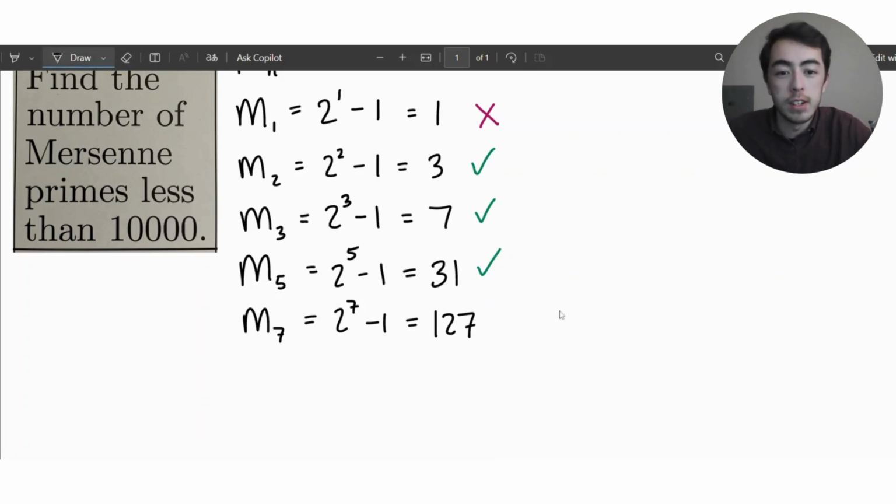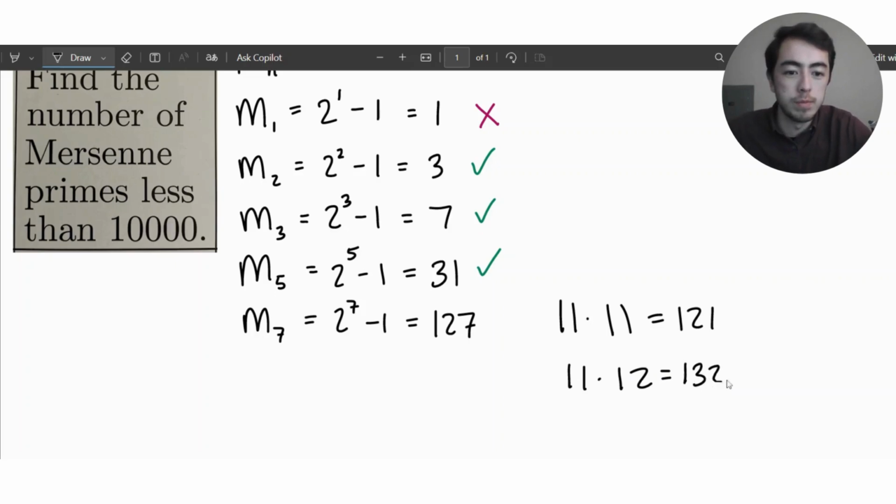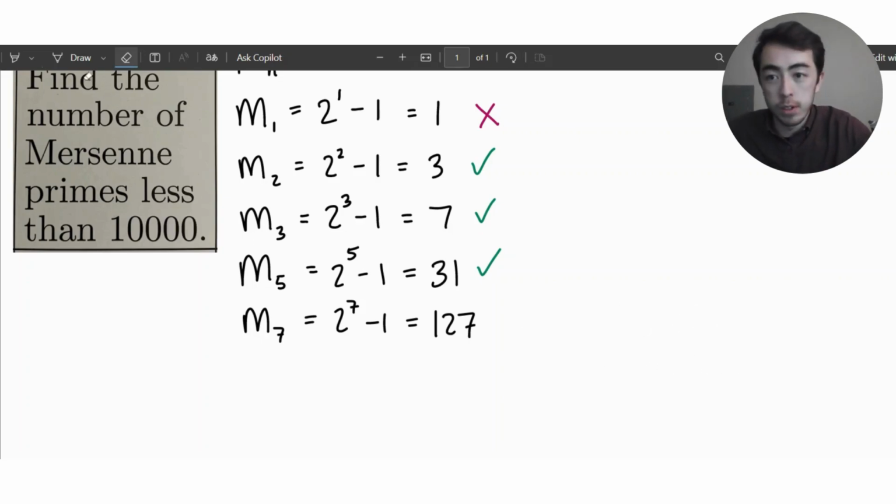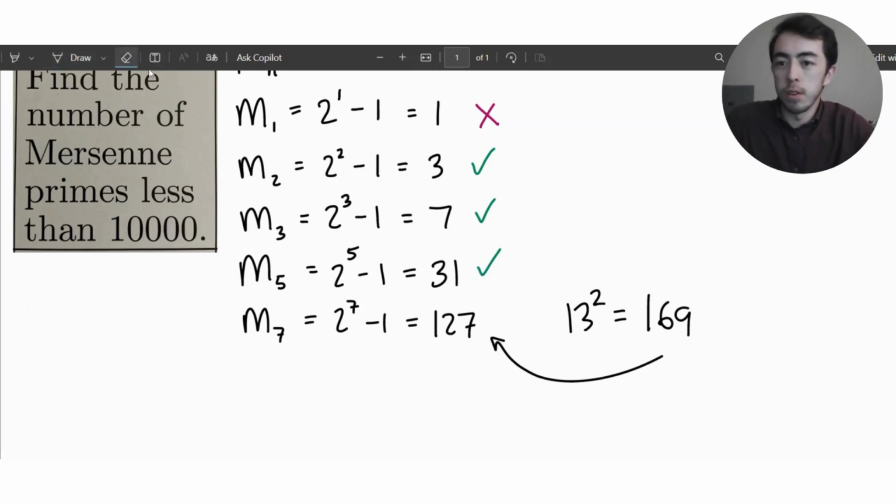And then if I try 11, I know that 11 times 11 is 121, and then 11 times 12 is going to be too big. That's 132. I've checked primes all the way up until 11, and none of them have worked so far. There's a trick here: if you're trying to see what factors there are of a number, and you've checked all the primes so far and none of them have worked, if the next prime squared is bigger than your target number, you don't need to go any further. 11 was the last prime number that I needed to check.